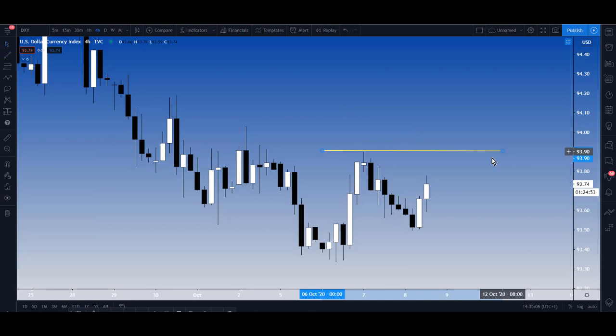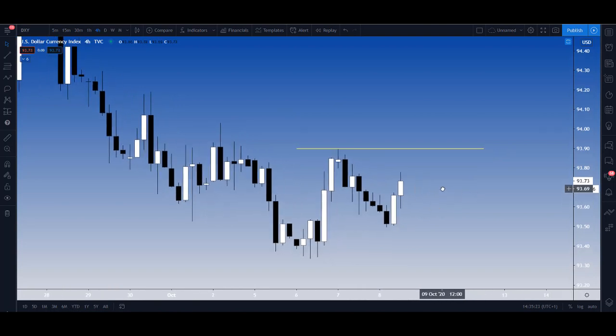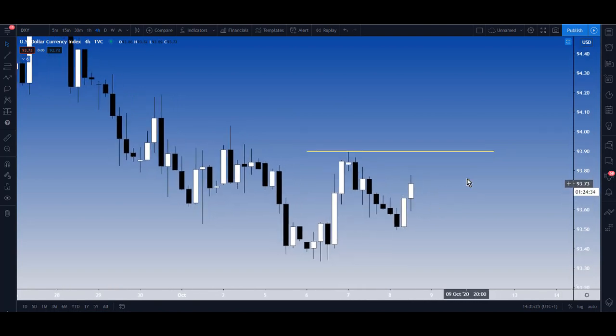We don't actually trade the dollar index itself, but the nearest thing to the dollar index is the euro against the US dollar, and it's basically the inverse of this chart. It's like the mirror image. So we could take this information and relate it to euro, but what I want to see is this high broken.